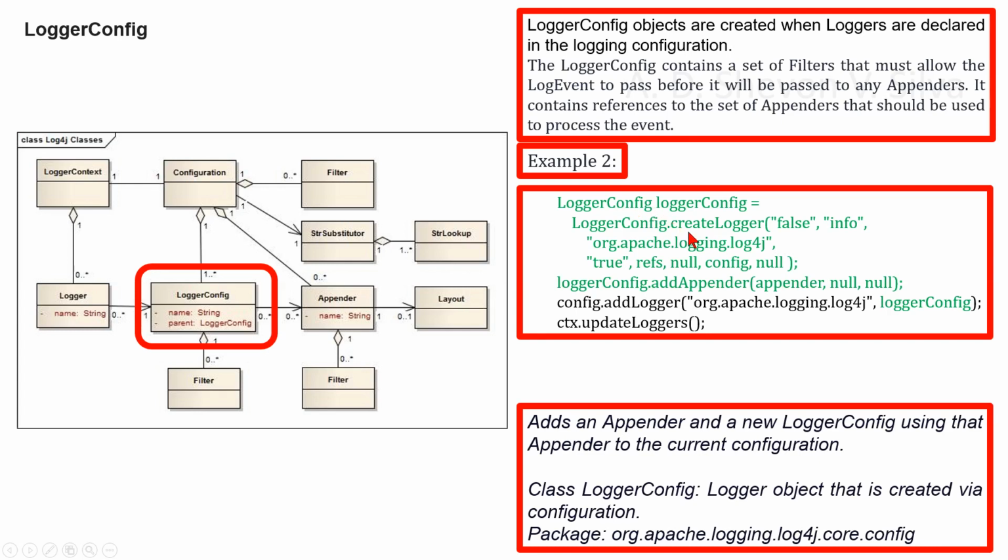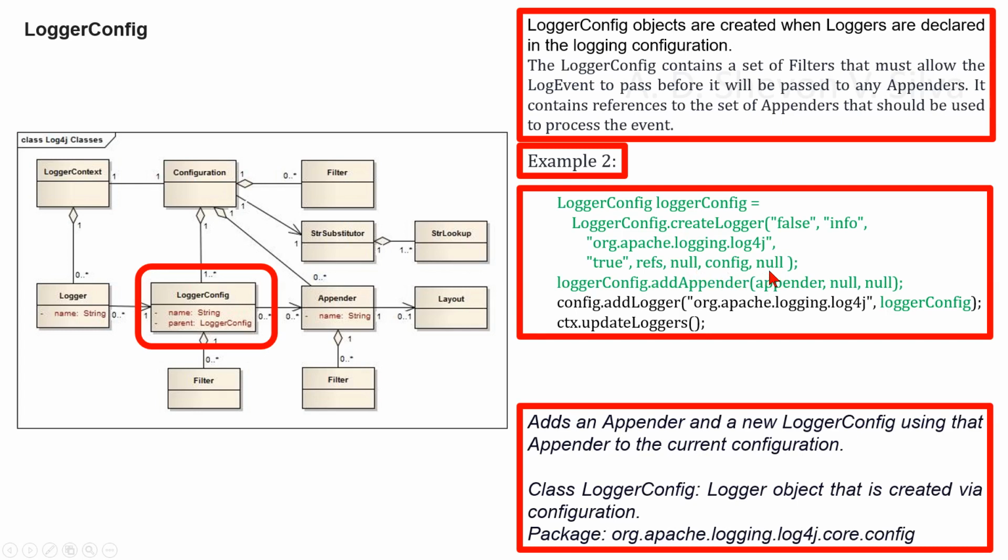Here is the public static LoggerConfig createLogger, with a string additivity, org.apache.logging.log4j.Level level, and string loggerName, and string includeLocation, where the location should be passed downstream, and appender refs, an array of appender names, and properties to pass to the logger as an array, and the plugin configuration config here, and filter.